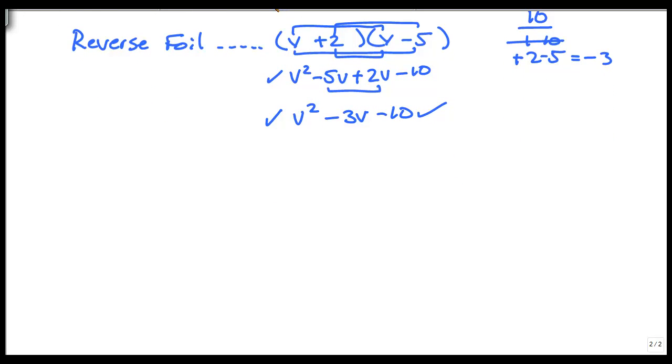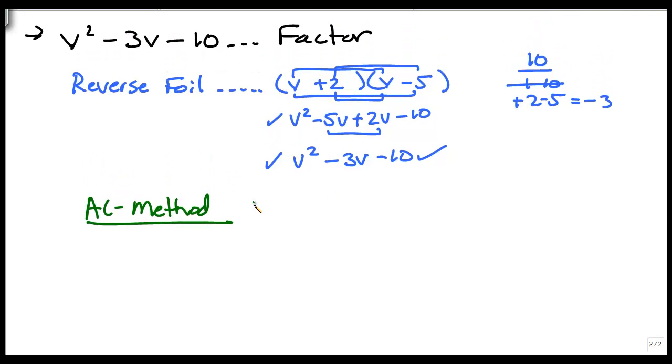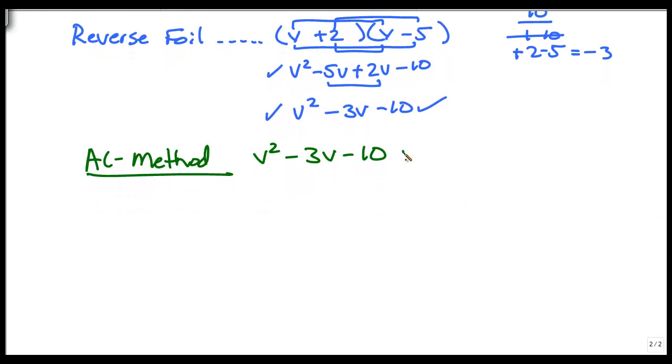Let's go ahead and look at the AC method as well. With the AC method, let's rewrite our problem here so it's down here. I need to identify A, B, and C. So A is this implied 1 in front, B is negative 3, and C is negative 10.